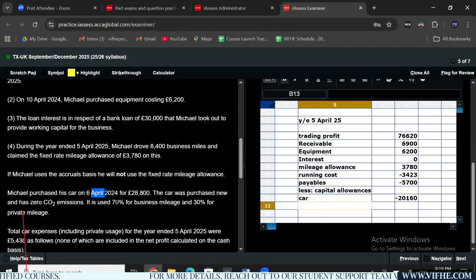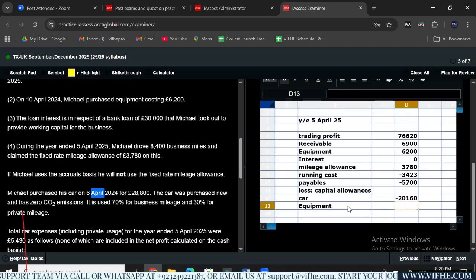As the accounts have been made from 6th April 24 to 5th April 25, the length of the accounts is 12 months, which is why no further apportionment will be made. Now we have another asset on which capital allowances shall be claimed. It's equipment worth £6,200.